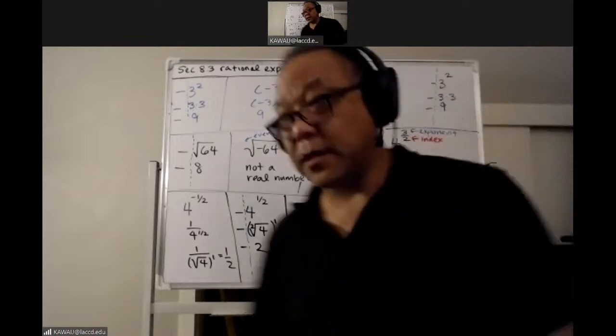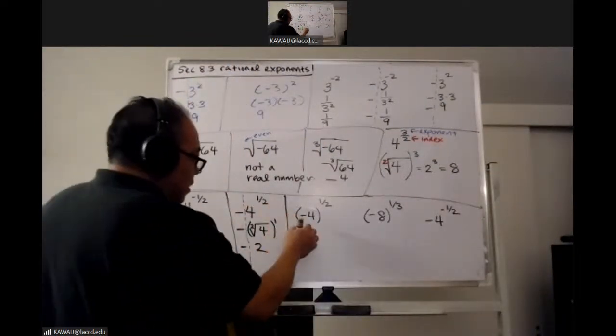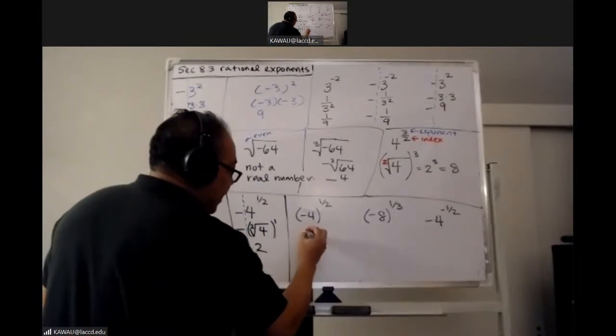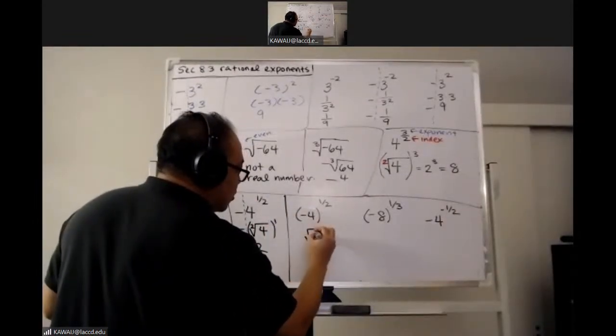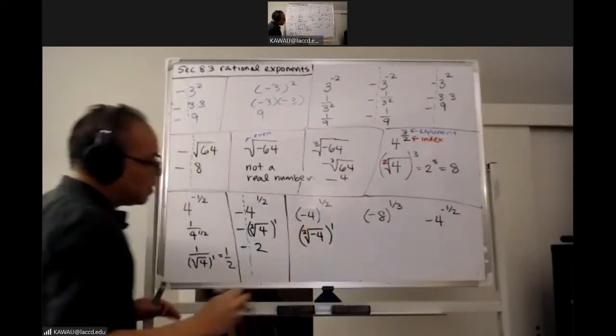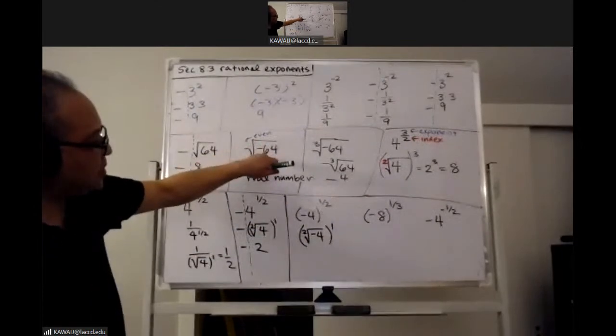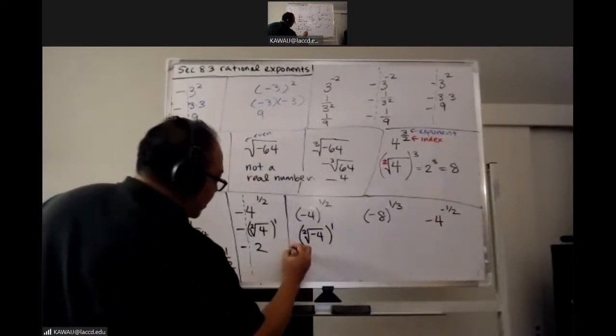Okay, so let's look at this now. This negative is inside, so it's going to be inside the square root. And when we do this, we see this is even and that's negative, so this is not a real number.